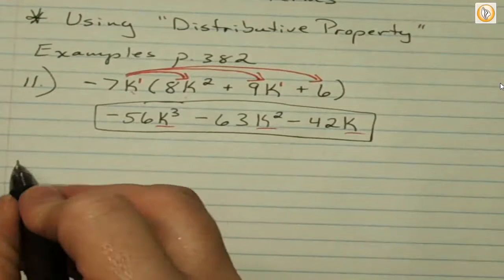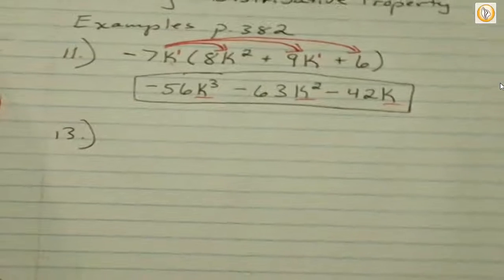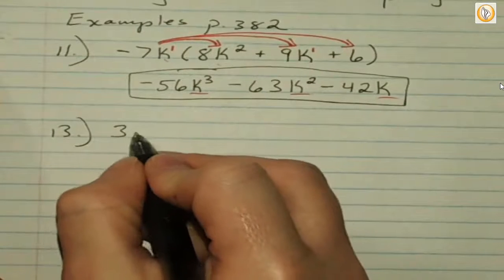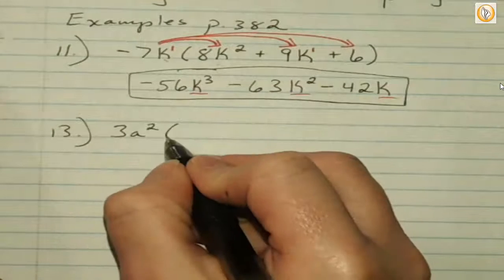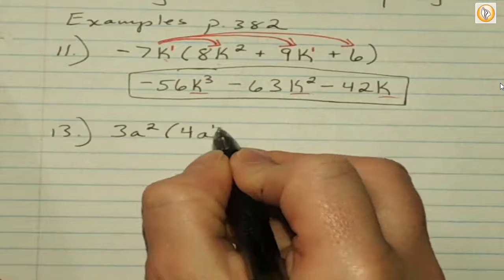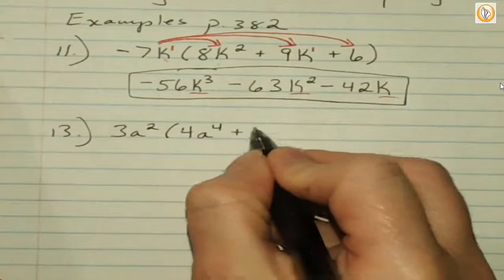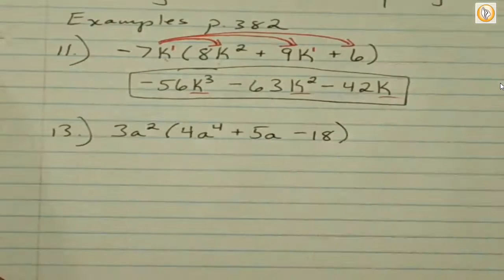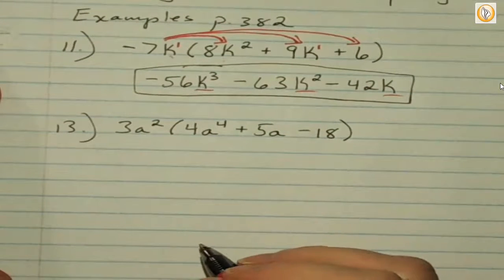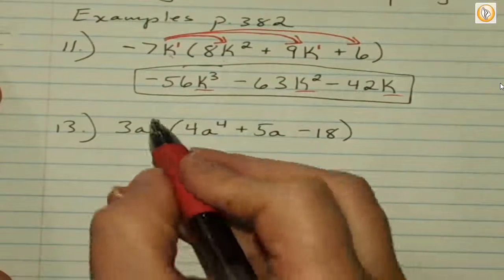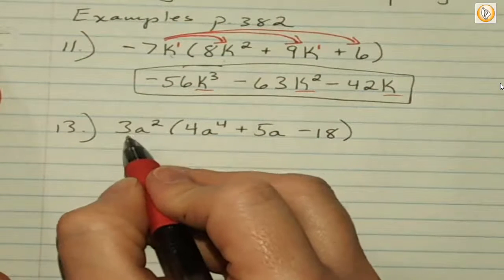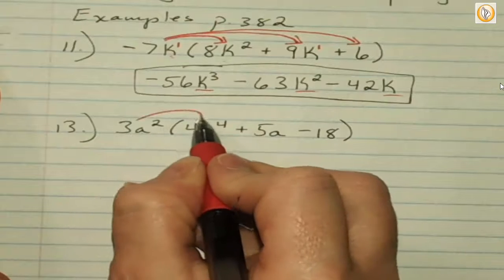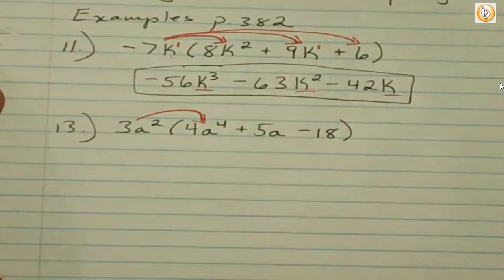All right, 13. I have 3a squared times 4a to the 4th plus 5a minus 18. Emily, what is 3a squared times 4a to the 4th?